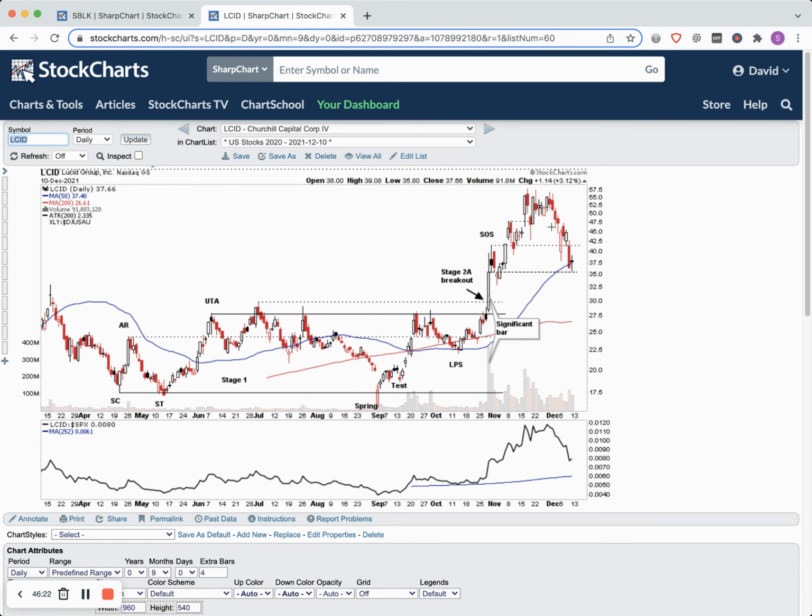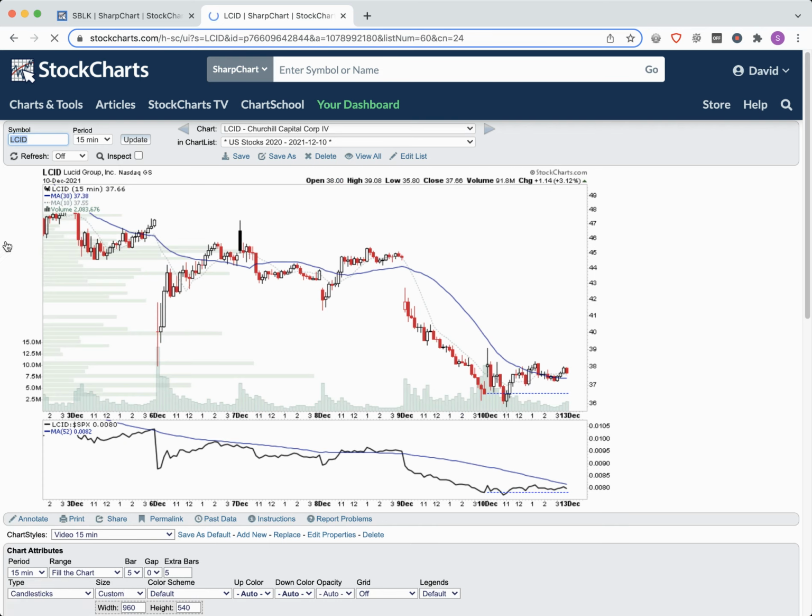Lucid, I wanted to highlight again because although we've had this significant pullback here, change of behavior, we're still above the initial significant bar close here. So you can see the close line here. It's held at the 50-day moving average so far and at the significant bar close. So if this can start to form up on the intraday, if you go down to something like the 15-minute, you can see it's just starting to do some stage 1 on the 15-minute, but it's a bit too low.